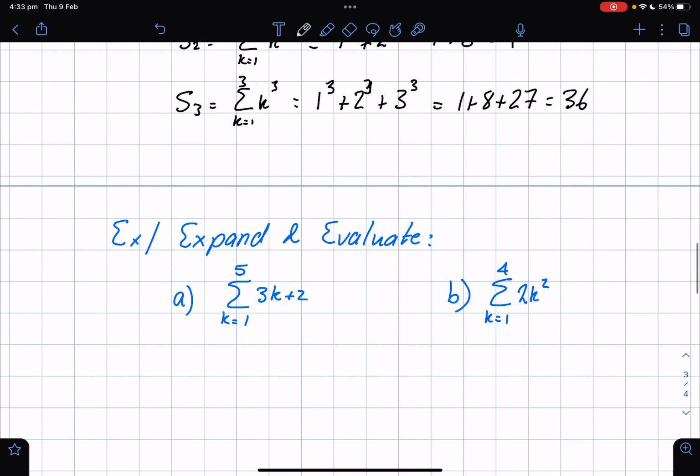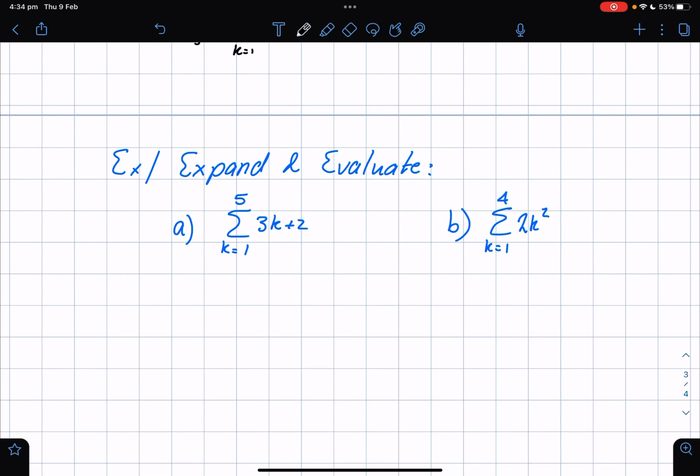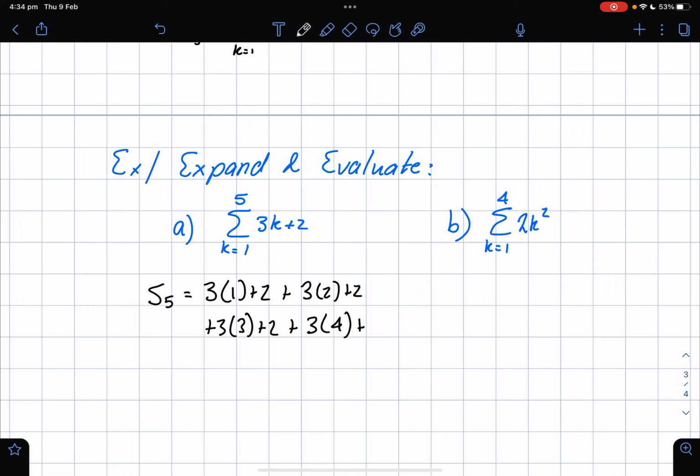So let's have a look at a couple more examples. So expand and evaluate. So we want to find S5 because that is my upper limit here. Now that is equal to 3 times 1 plus 2, so substituting k equals 1, then we substitute in k equals 2, plus 2, and then we just keep going until we have k equals 5 substituted in, 3 times 5 plus 2.